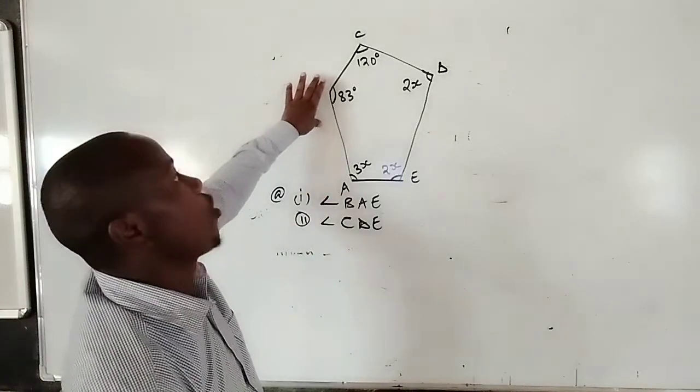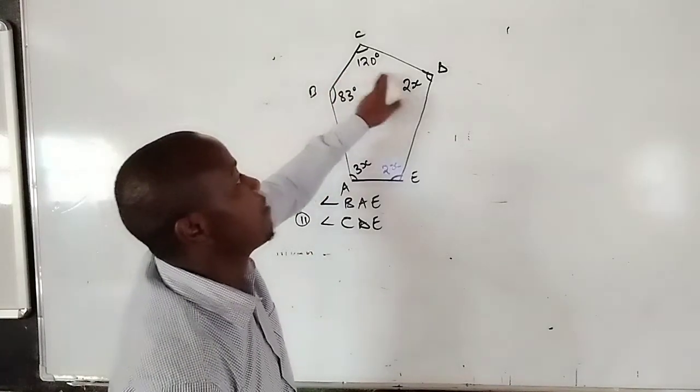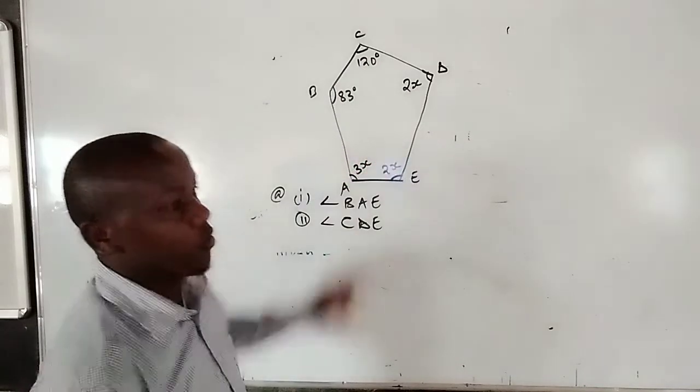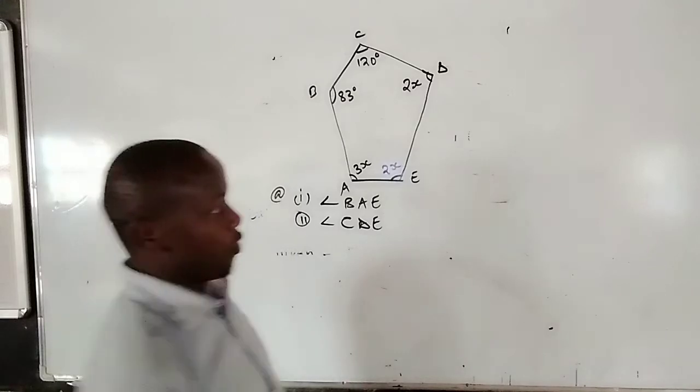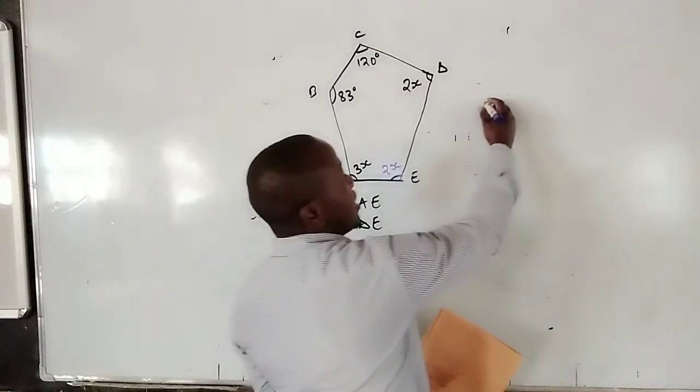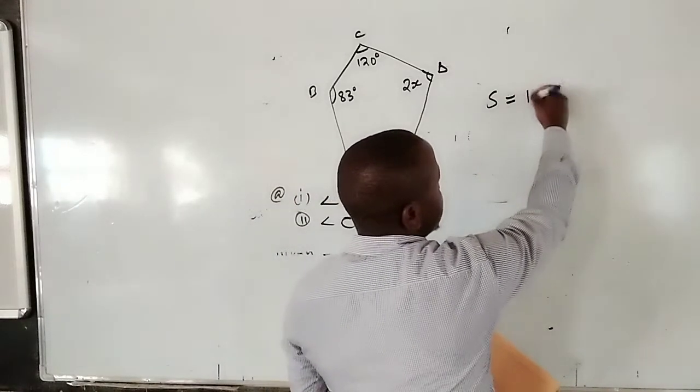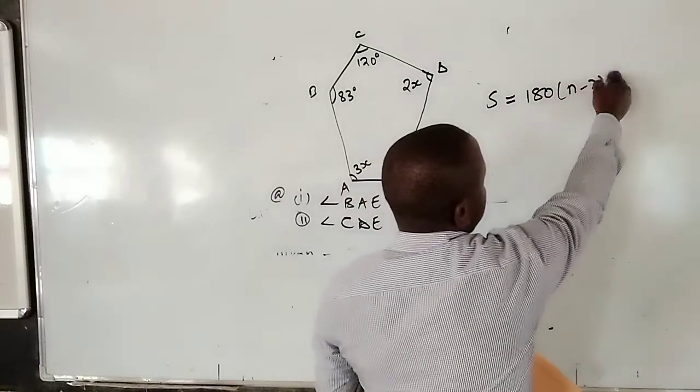The first thing, we should know what type of figure it is, and this is a pentagon. So we should know the sum of the interior angles in a pentagon, a 5-sided figure. The sum of angles is given by 180 into n minus 2.